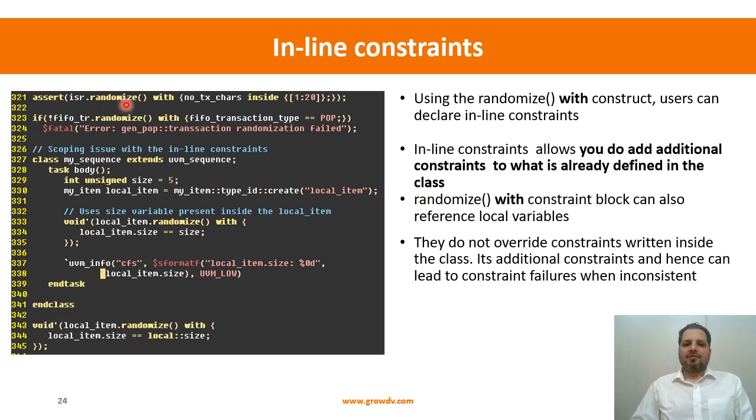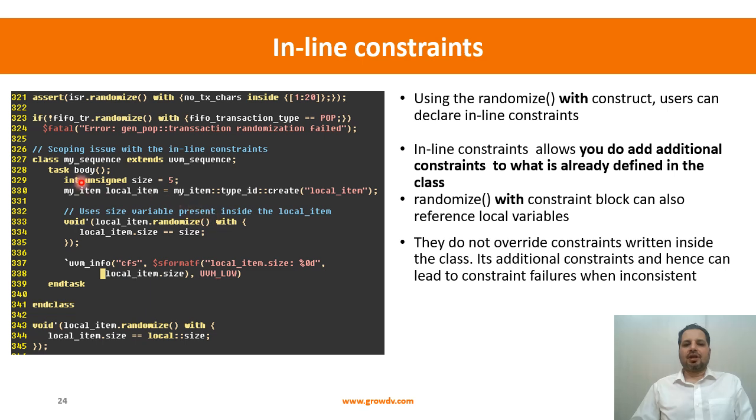We have looked at various examples. Whenever you do the randomize, you can pass with, and in the curly braces you can define additional constraints that will be added on top of the class. One specific item we wanted to point out is that inline constraints can also reference local variables.